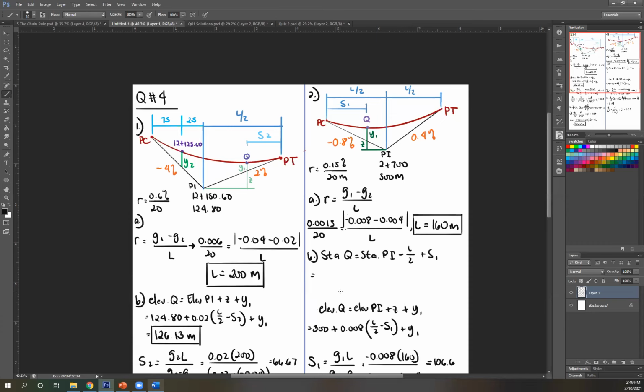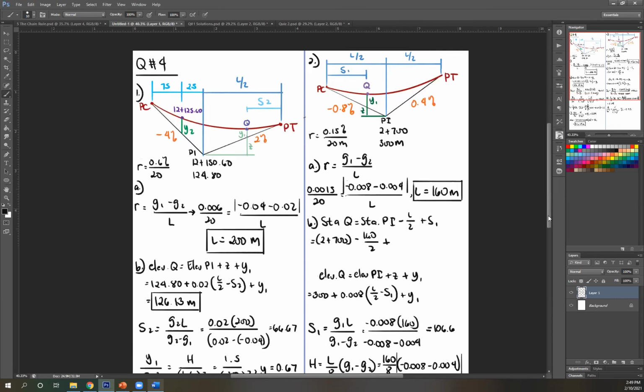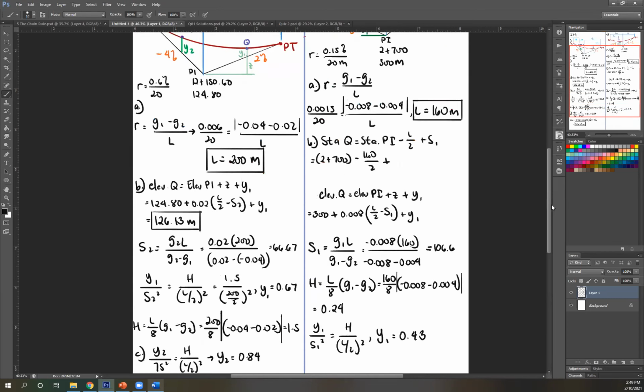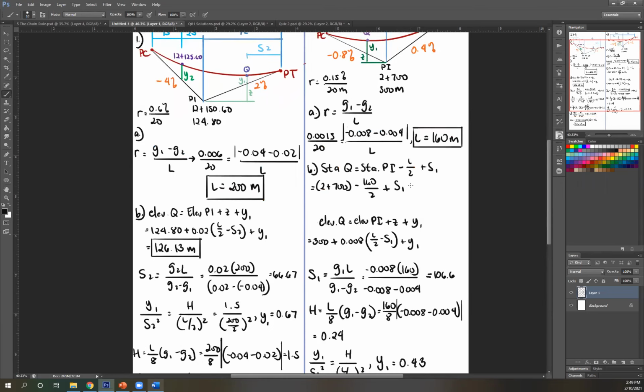I already know all of those values. So 2 plus 700 minus 160 over 2 plus S1. S1 is 106.67. Okay. So 2,700 minus 80 plus S1. Answer is 2 plus 726.67.